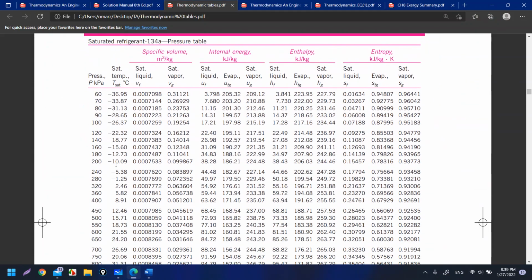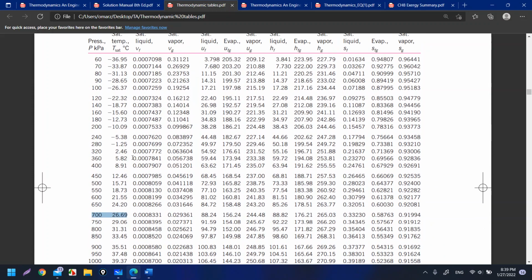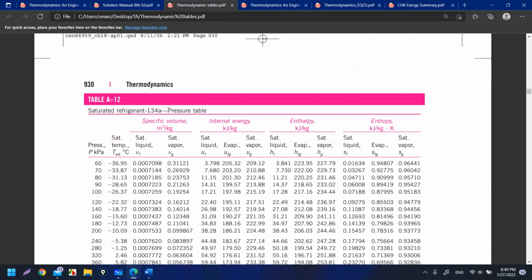For the pressure table, 700 kilopascal is here, and my temperature is 60 degrees Celsius, but the saturation temperature is 26.69. So my temperature is higher, meaning it is a superheated state. Then I have to go to the superheated table. This is a saturated refrigerant table.